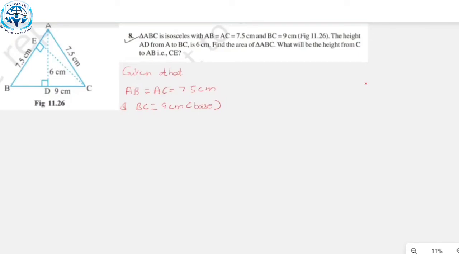First of all, we will find out the area of the triangle. Taking the base BC as 9 centimeter, we know the area of the triangle is half into base into height.